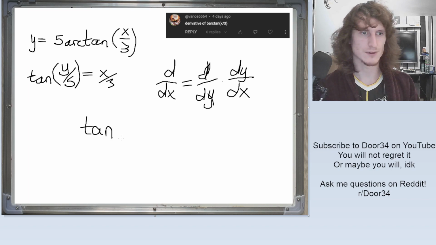if we have some function tangent of z, let's figure out how we do the derivative of this.